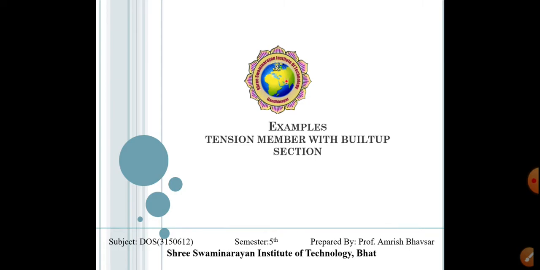Now we are talking about the built up section, and you know what a built up section is. In our theory portion we have clearly understood the built up section.